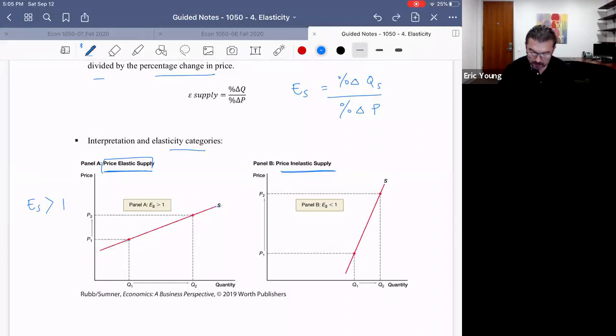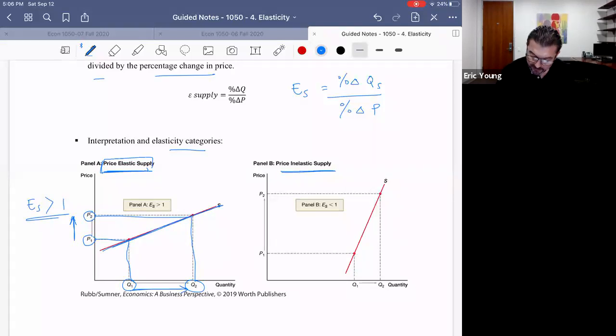Notice again that what the flat slope implies, we start off here with P1 and we're going to go up to P2. P1 corresponded right here with Q1 and P2 with Q2. And if you notice the relative size of the price increase compared to the relative size of the quantity supplied increase, we're going to see that this is a responsive relationship. And therefore, price elastic supply, ES greater than 1, and a relatively flat slope.